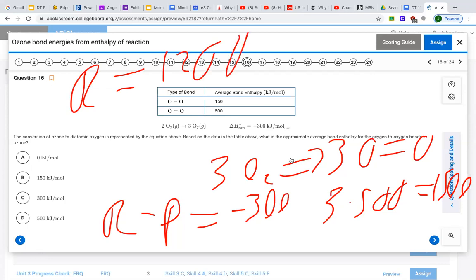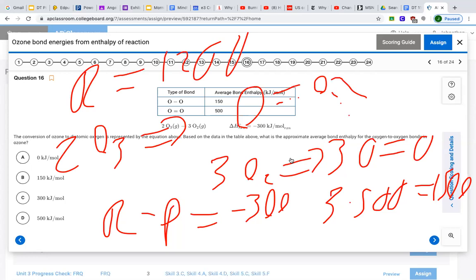So how many bonds do we have in the reactants? Well, we have two O3s, right? Which means you've got O with some kind of bond to another O with some kind of funky bond. So there's a resonance structure here to another O, right?